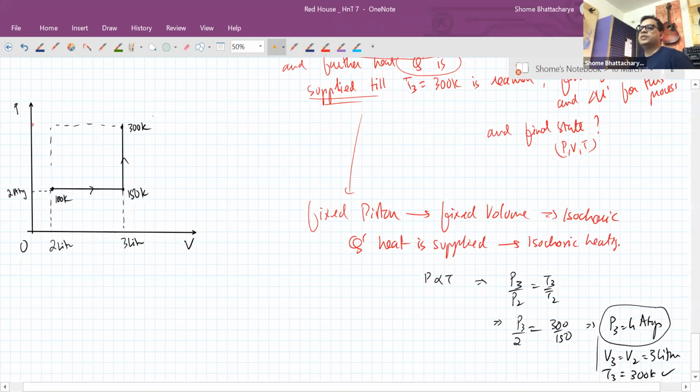Now we know this pressure is 4 atmospheres. For this process, obviously we know Q is equal to delta U because work done is 0 in an isochoric process.